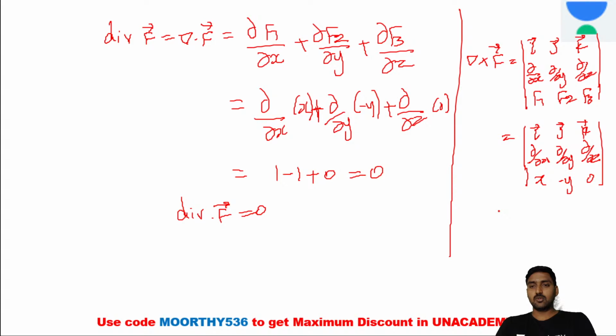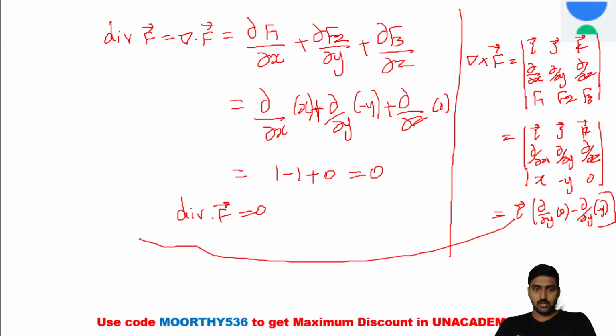Now taking the determinant, it's i vector into dou by dou y of 0 minus dou by dou z of minus y, which is completely 0. I will continue this with a different color. Look at this concept.